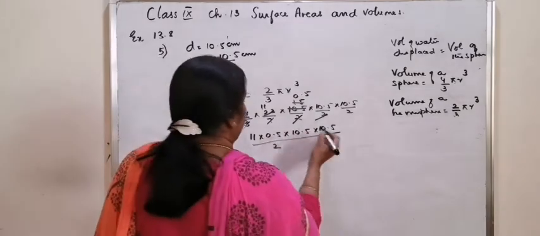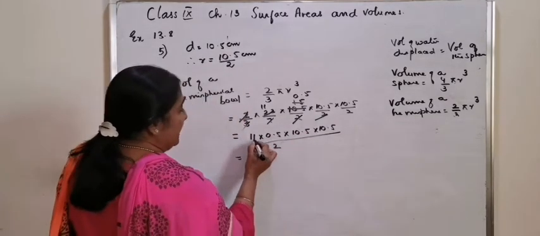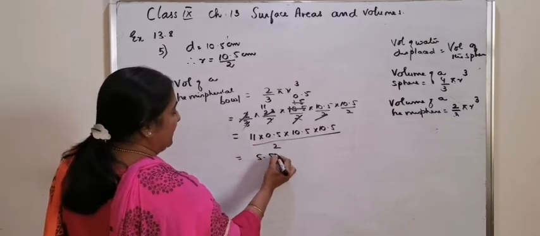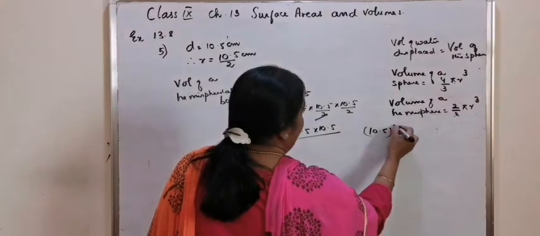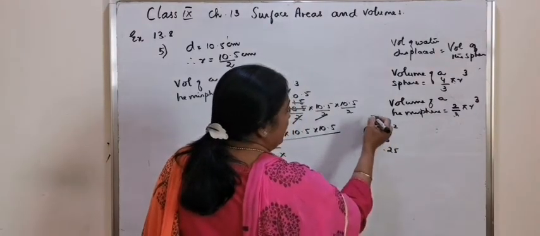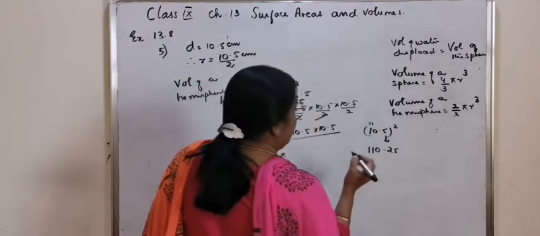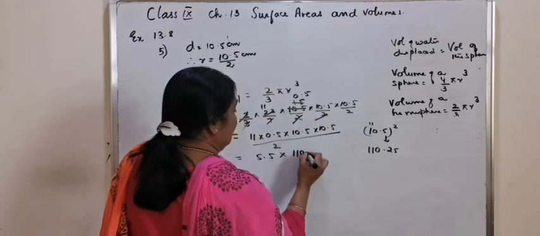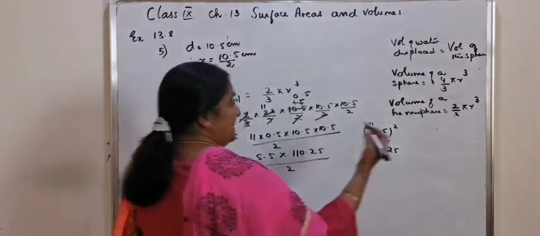And now this is 10.5 the whole square. 11 into 0.5 is 5.5. What is the easy method of 10.5 the whole square? 5 square is 25. 10, the next whole number to 10 is 11, so it is 110.25 divided by 2.